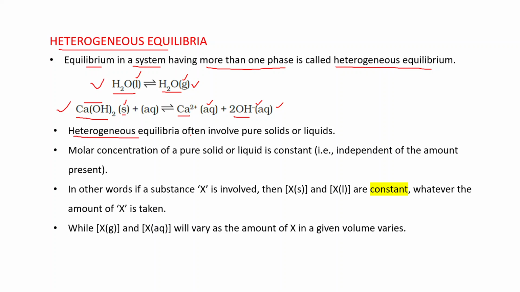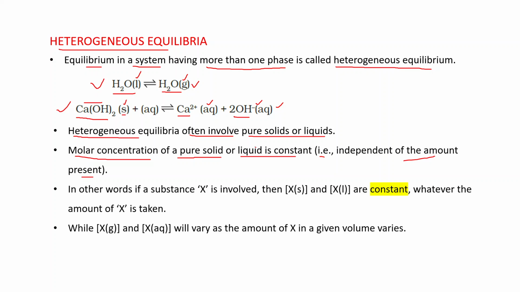Heterogeneous equilibria often involve pure solids or liquids. The molar concentration of a pure solid or liquid is constant, that is, independent of the amount present. Remember, this is an important point.